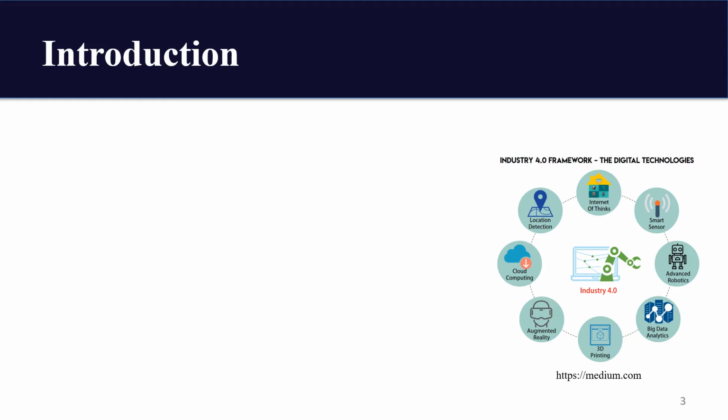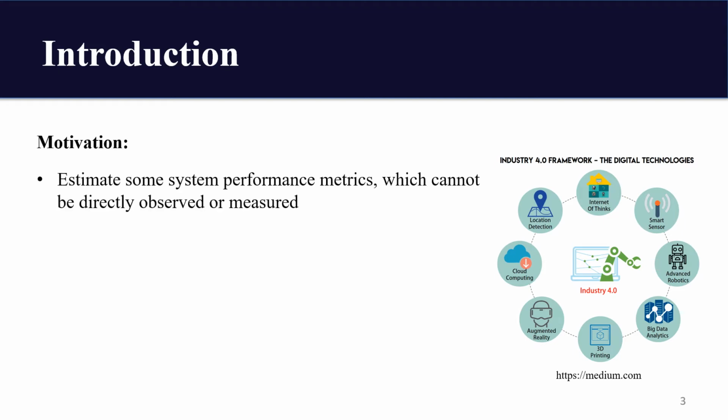For instance, one can use a model to estimate some system performance metrics, which cannot be directly observed or measured.